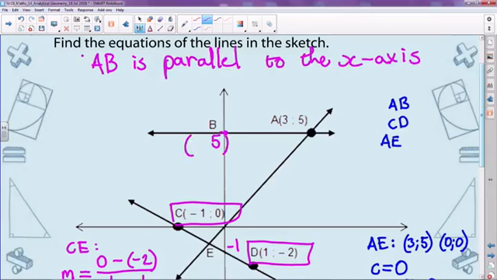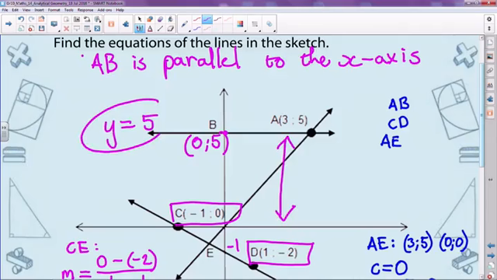Why? Because it's not changing its distance from the x-axis at any point. So what is the equation of this line? y equals 5. There we go. And that's AB, obviously.